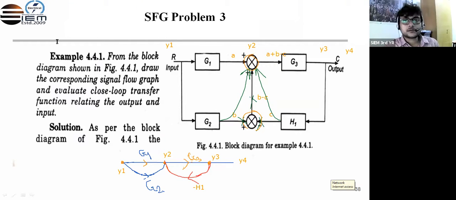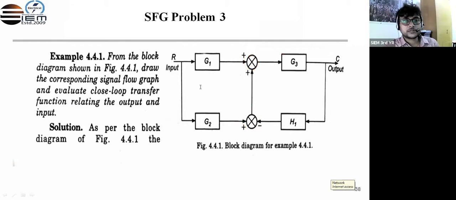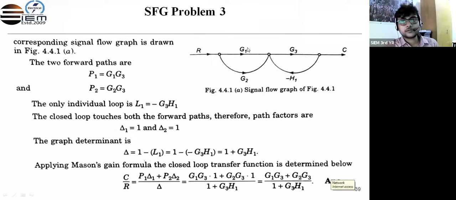So next we see, now this is the diagram that we have drawn. Two forward paths: one is G1 G3, so P1 is G1 into G3, which is traversing in this direction. Another forward path is G2 into G3, so from here it is coming, then going on through this.